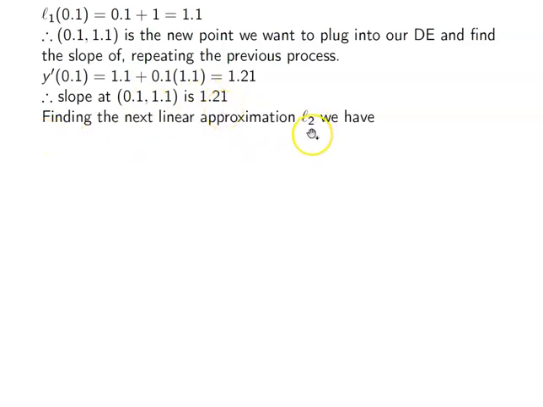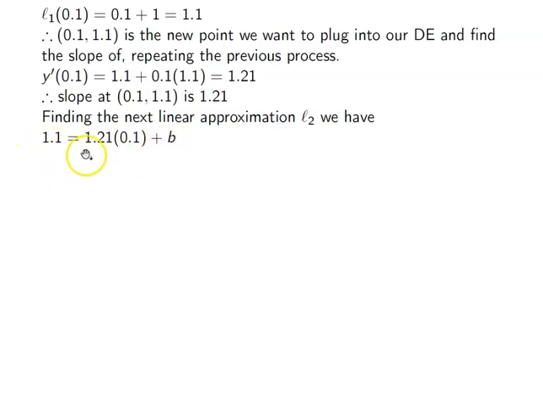And so I make a new tangent line using this point and this slope. I'm going to call that L2 because it's my second tangent line. So I'm going to have y equals mx plus b. The only thing I don't have is the b. I know y, 1.1. I know m, which is the slope, so 1.21. And I know my x value, it's 0.1 more than where I was before. I just don't know the y-intercept, so I solve for b.